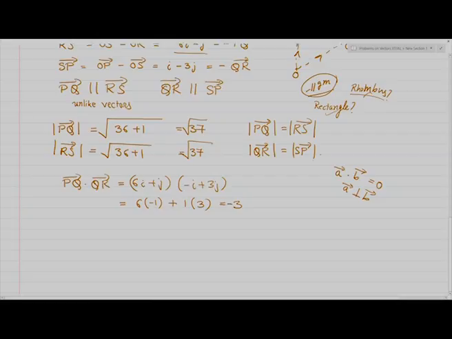Okay. Similarly, you can check for all other things. So, I will just write down what they are: QR bar dot RS bar, it should be equal to minus 3.